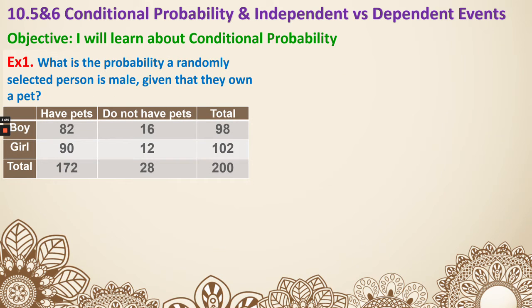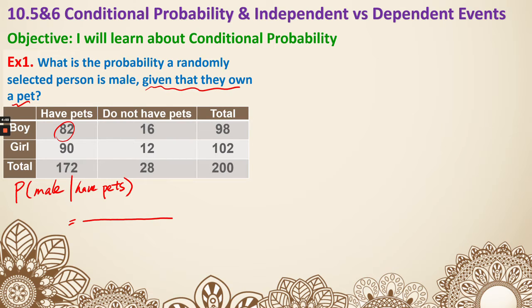Next, let's use that in an example. What is the probability a randomly selected person is male given that they own a pet? Given that they own a pet. So that's our condition. We can write it as probability of male given the condition, which is have pets. Right, so we can actually write it as, oh, sorry, the first one is actually male and have pets.